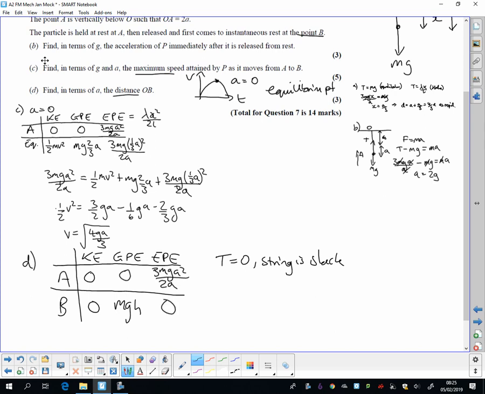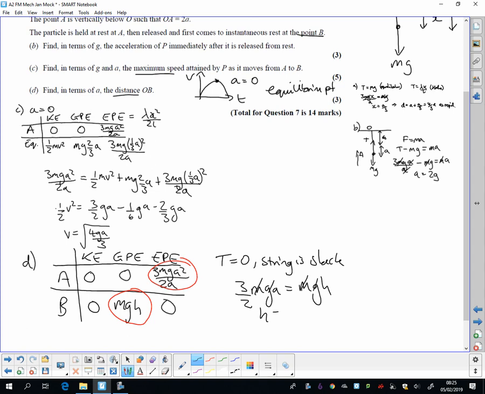At this point, there is no elastic potential energy at point B. That's quite easy then, because all the elastic potential energy is converted to gravitational potential energy, so our elastic potential energy equals our gravitational potential energy.